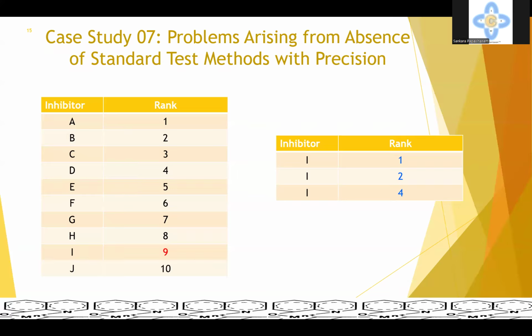When they repeated the test, the same third party ranked inhibitor 1 once, inhibitor 2 twice, and the second time, the same inhibitor as rank 4. Originally, it was rank 9.